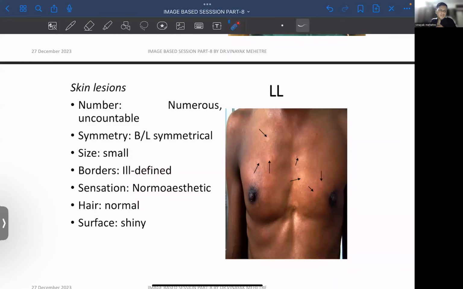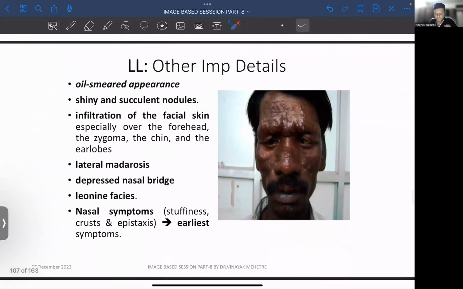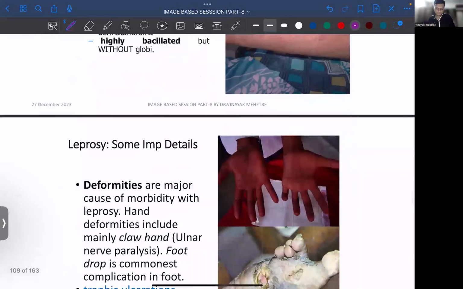That is called as lepromine. लियोनाइन फेसेस, जो अपने आप को शेर बोलता है, लायन बोलता है, he should have first leprosy. तभी जाके तुम शेर जैसे तुम्हारे यहाँ पे स्ट्राइप्स आएंगे. That is called as leonine facies, and this is a real time image. There are better images if you want to look.